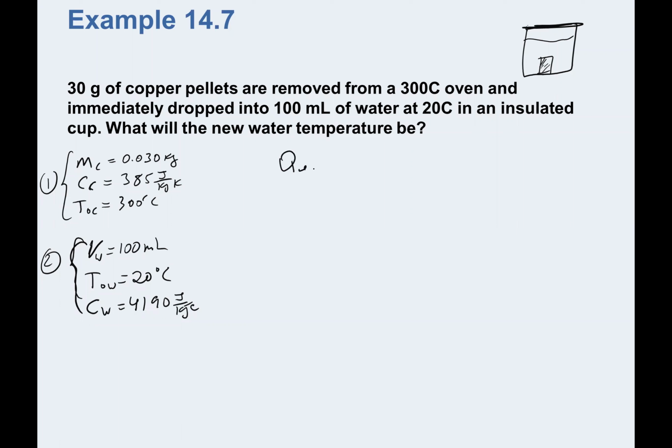Q net is equal to Q1 plus Q2, and it should be equal to 0. Well, Q1 here is the energy lost by the copper, because you can imagine, right? If you put the hot copper pellet into the water at room temperature, then the temperature will drop for the copper pellet, and the temperature will increase for the water, right?